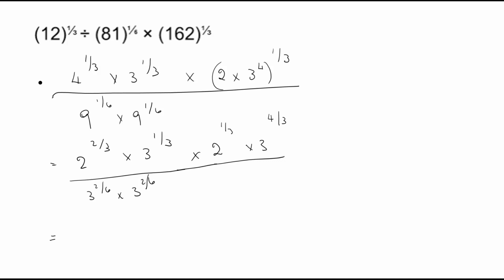Now on the top line, we're going to have 2 to the power of 2/3 times 2 to the power of a third, which is just plain 2. And then we could do it all in one go for the powers of 3.